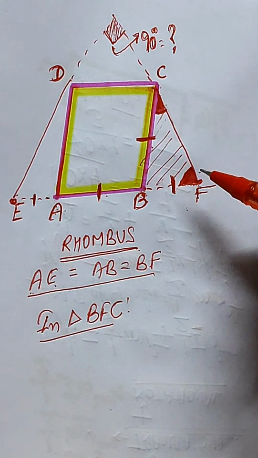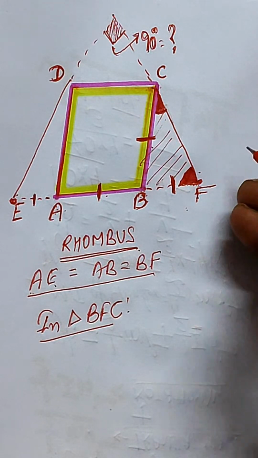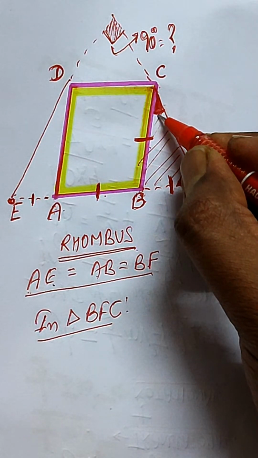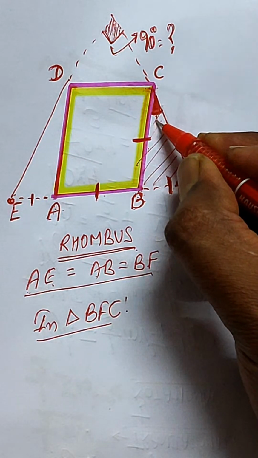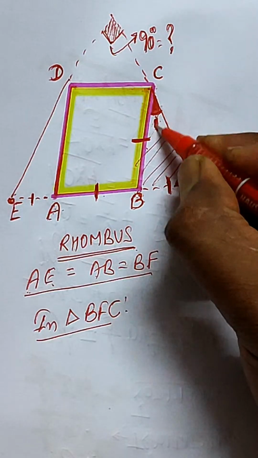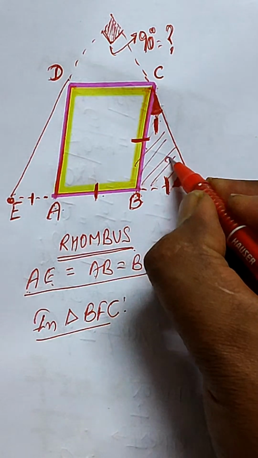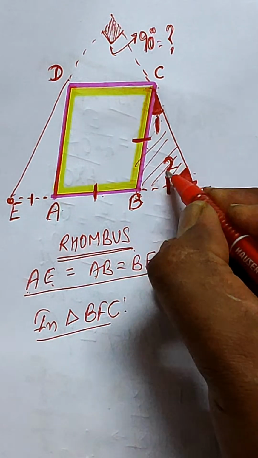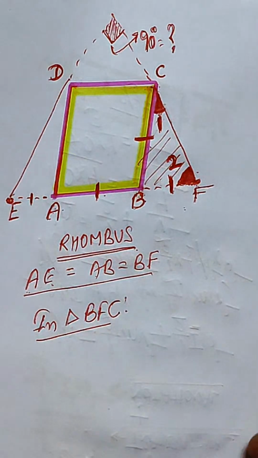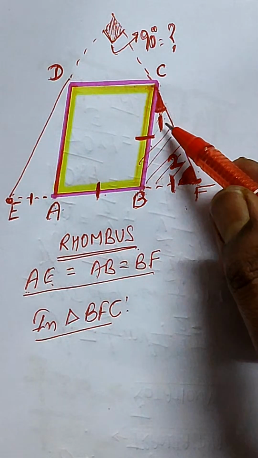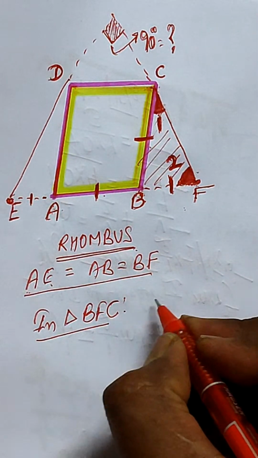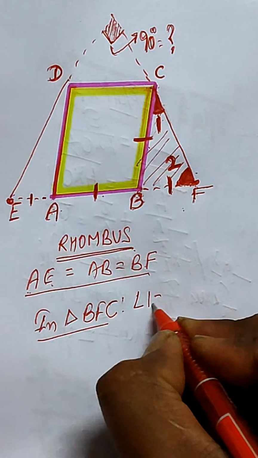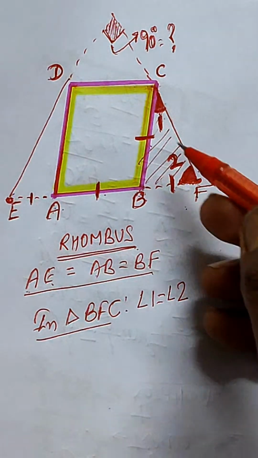So rather than writing the full angle names, just write the angles in numbers. Let's say this is angle 1, this is angle 2, right? Then we can say that angle 1 equal to angle 2.